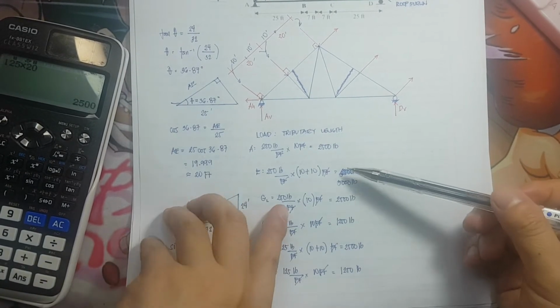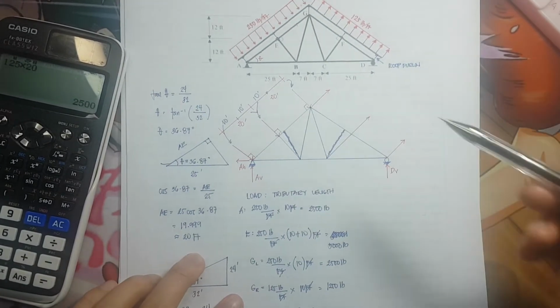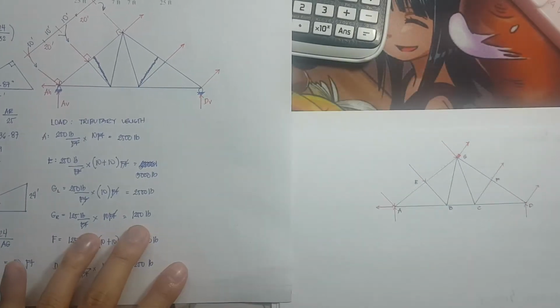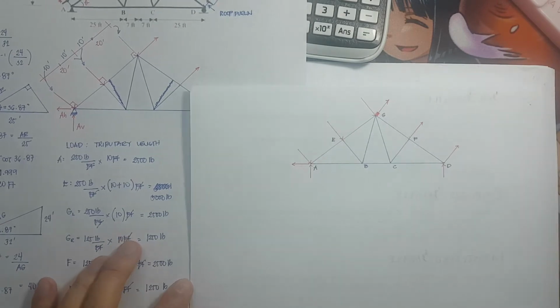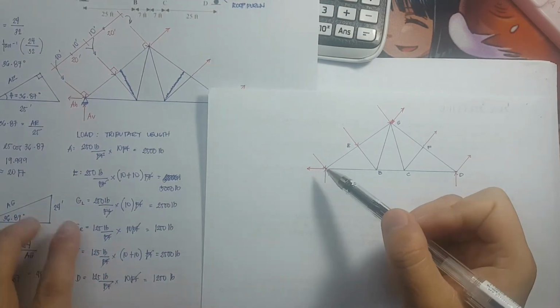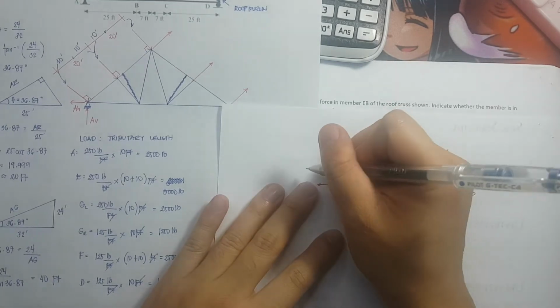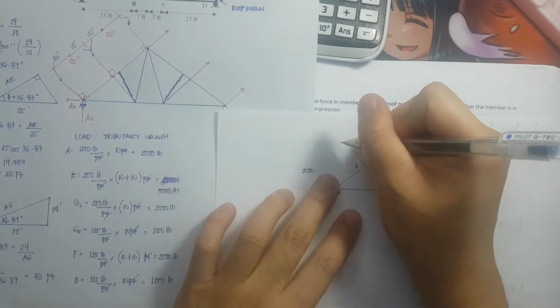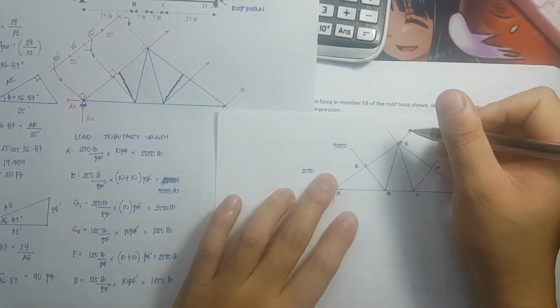So we're going to plug in these values into our truss. I redraw the truss here, and we plug in these values. At A, it is 2,500 pounds. At E, it is 5,000 pounds.